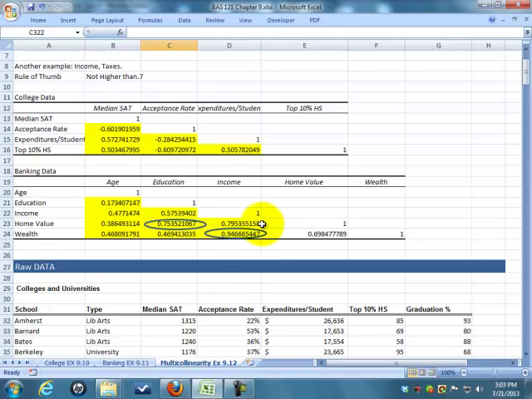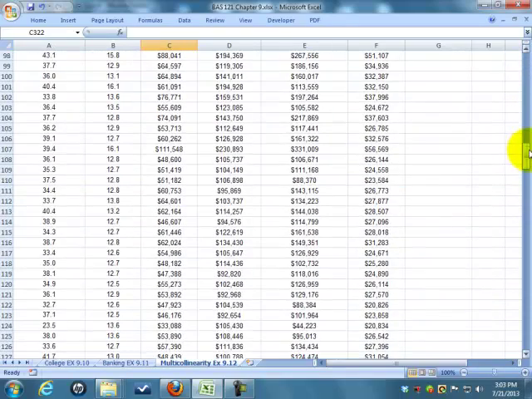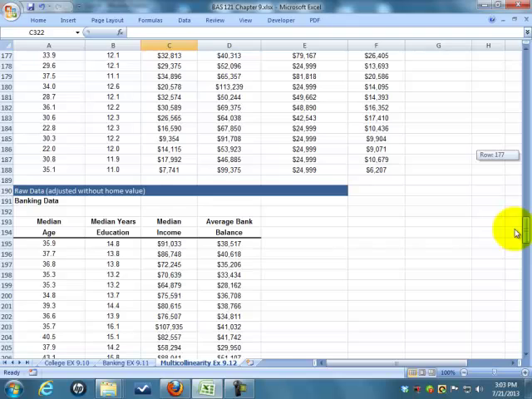So is, I didn't circle it, income and home value. So, bottom line, we might want to go back and take one of these variables out. Like we might want to take out one of income and wealth; we might not want to have both of them in.